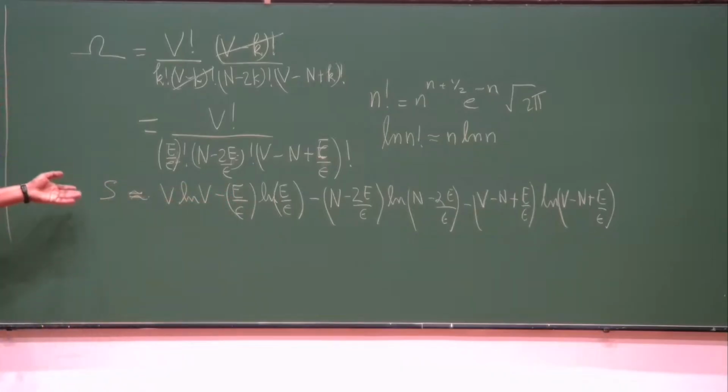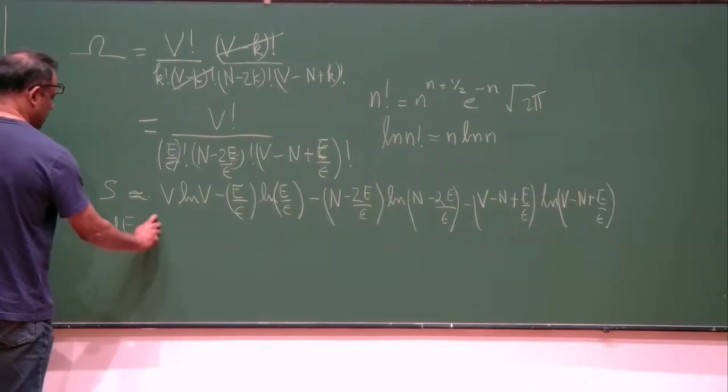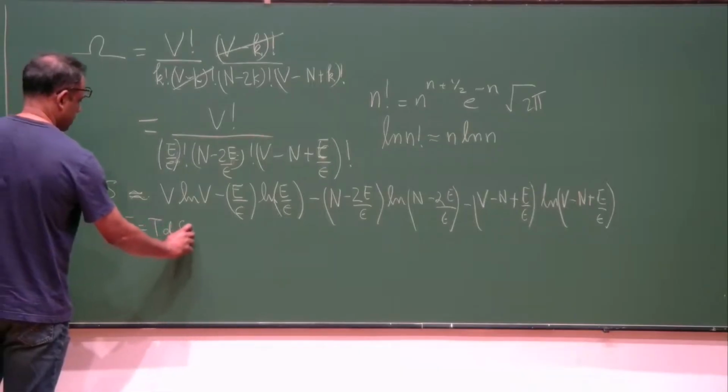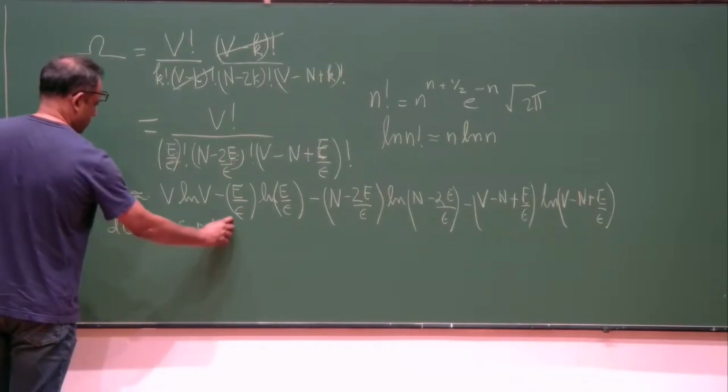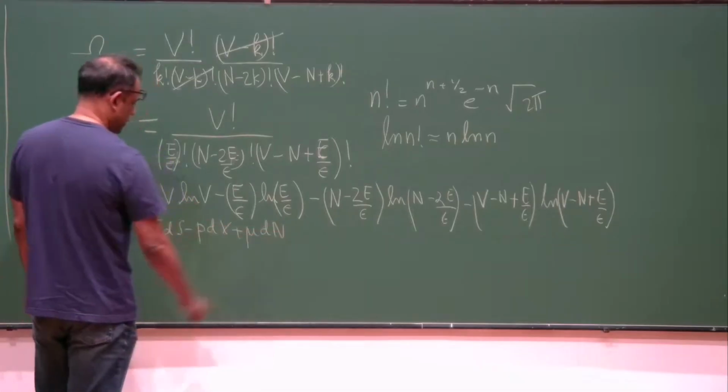So let us, as an exercise, find out the equation of state for this problem also. Remember your dE was TdS minus PdV plus mu dN. This is from thermodynamics.